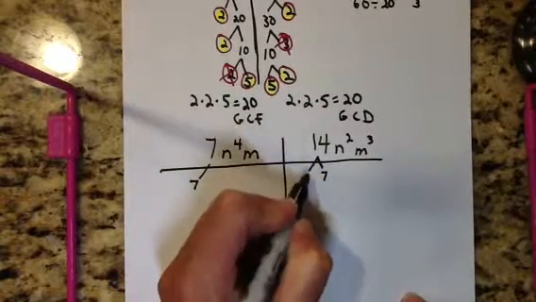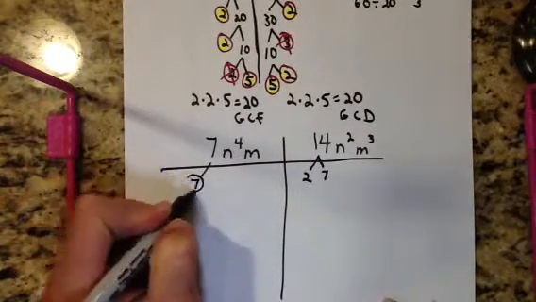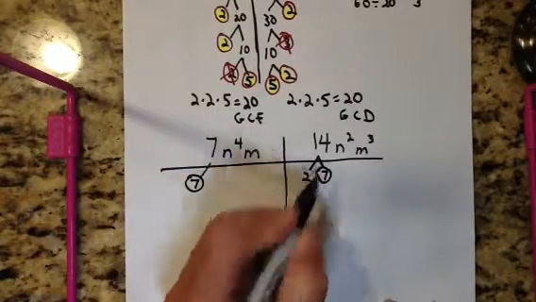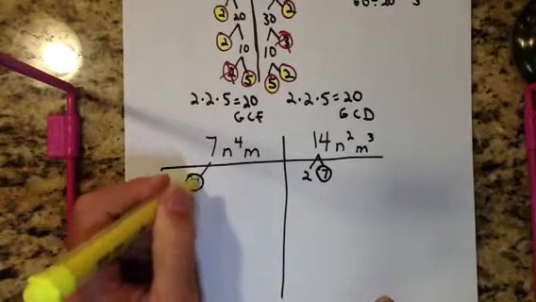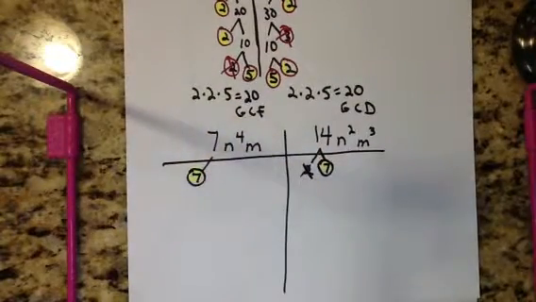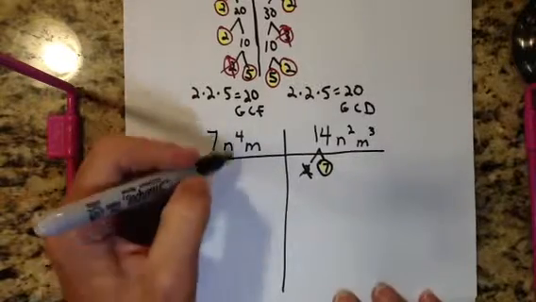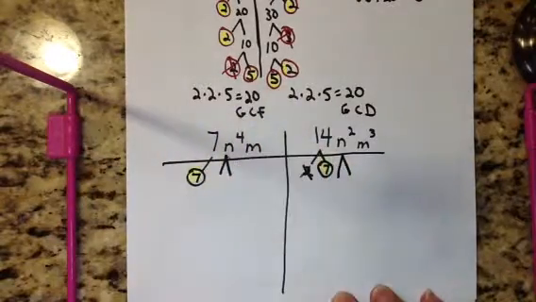This would be 7 and 2. So I'm going to go ahead and identify what's in common with the numbers here. And I can go ahead and highlight that. Then I will cross off what's not in common and move on to my first variable, which is n.